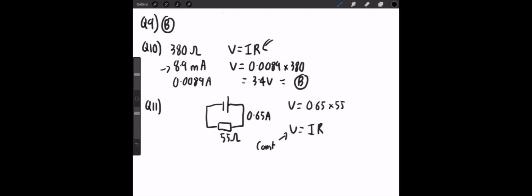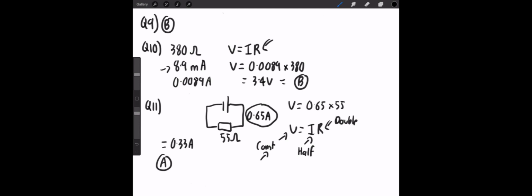Then if I were to double this value, then I would have to half that value in order to get the same answer over here. So really all I need to do is half the current, so that would give me about 0.33 amps, which is answer A.